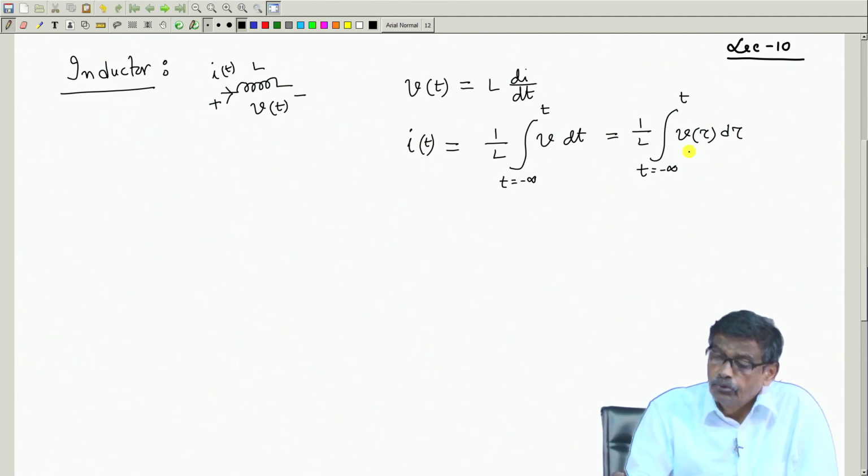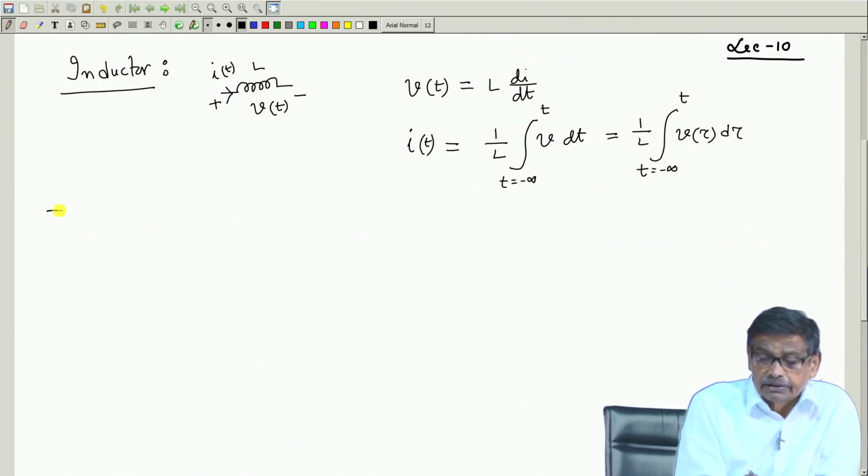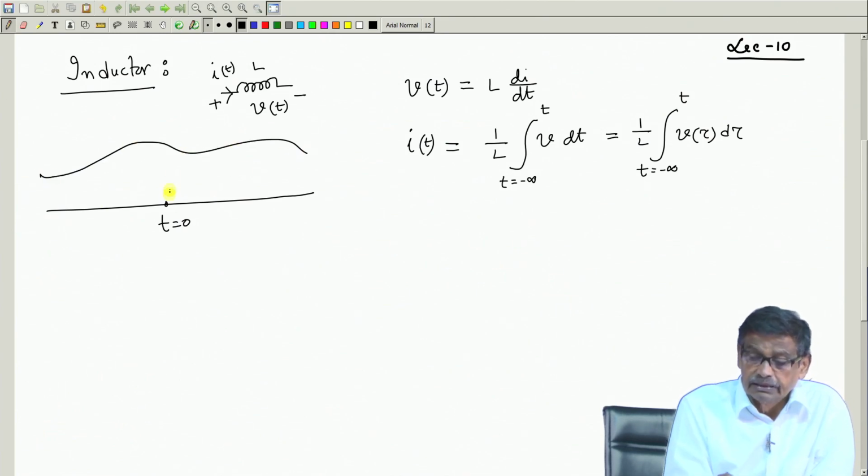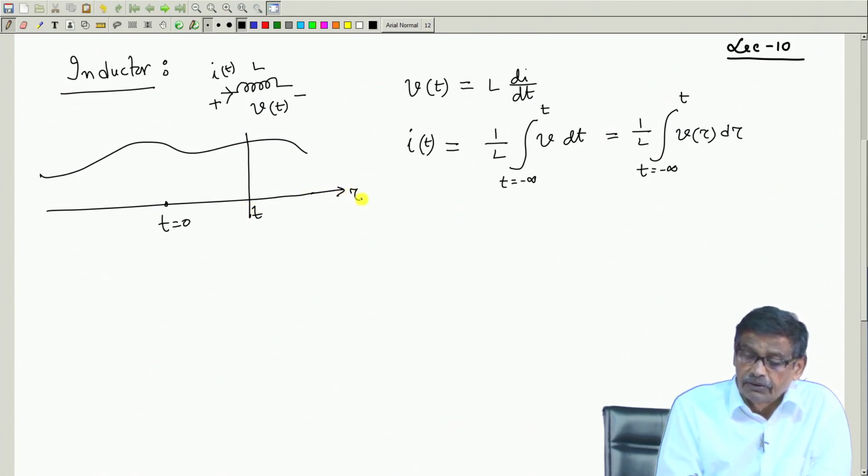Therefore, we note that for the present current of this inductor, to integrate this you will require the value of V tau, that is V t, for all the time. If this is your time axis, here is your t equal to 0, and this is your t and this is your tau axis.